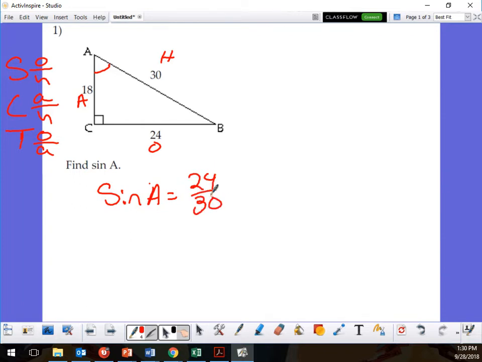If you put 24 over 30 in your calculator, you get 4 over 5. 4/5, right? B. So 4/5? It's 4 over 5. Yes, 4/5. You're right. Okay.